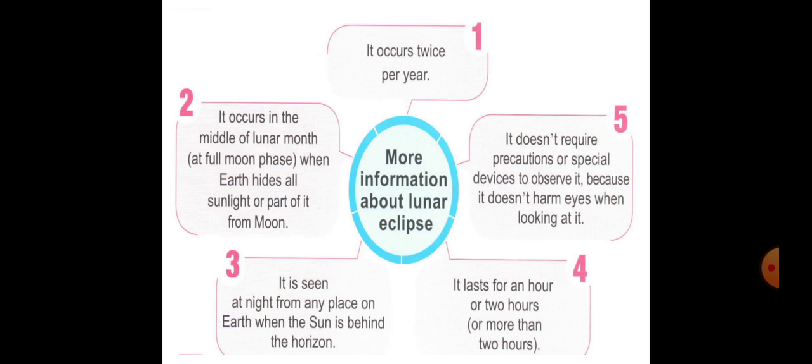Number 3, it's seen at night from any place on the Earth when the sun is behind the horizon. Number 4, it takes a long time. It lasts for an hour or 2 hours or more than 2 hours. Number 5, it doesn't require any precautions or special devices or special glasses to observe it, because it doesn't harm eyes when looking at it.